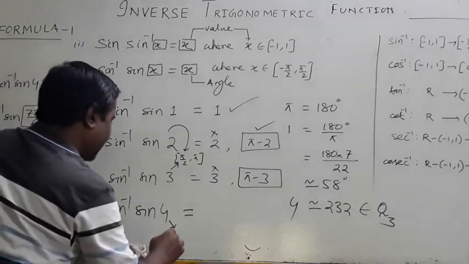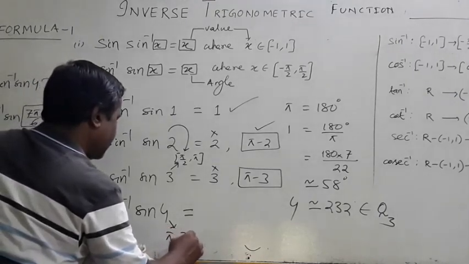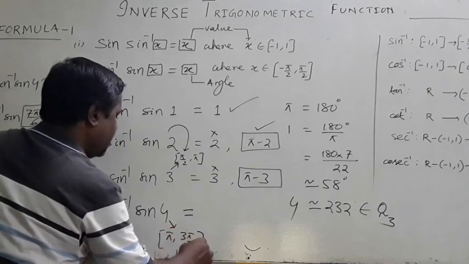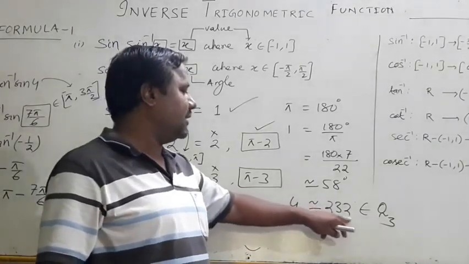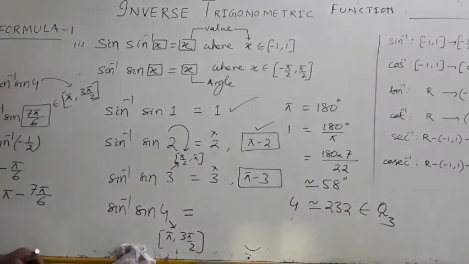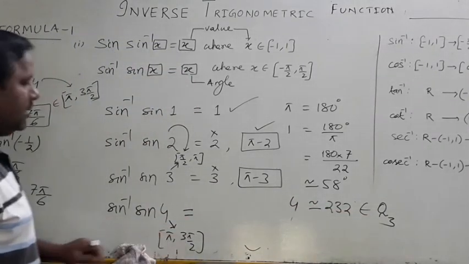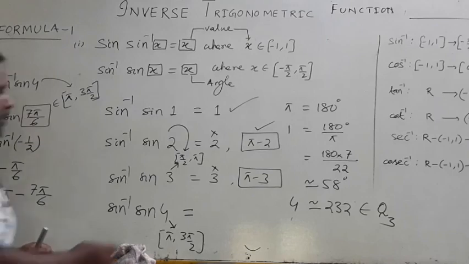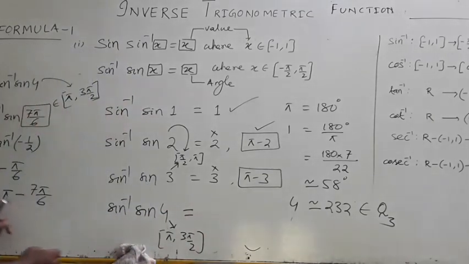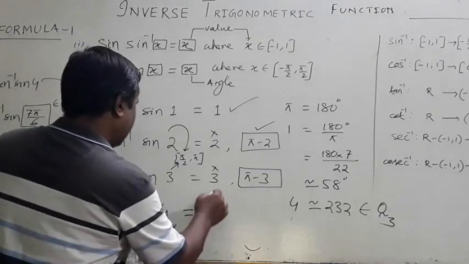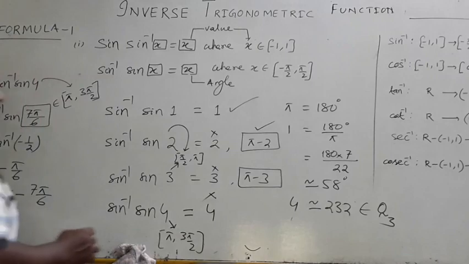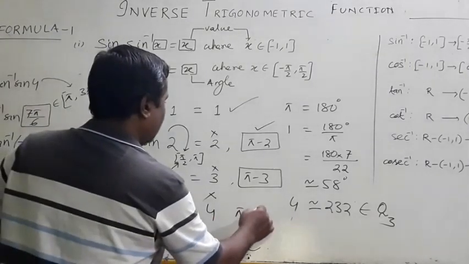Explanation is, 4 means 232, which is in quadrant 3. Quadrant 3 means it is between pi to 3 pi by 2. Now answer is what? Pi minus this value. Here also the answer is not 4. Answer is pi minus 4.